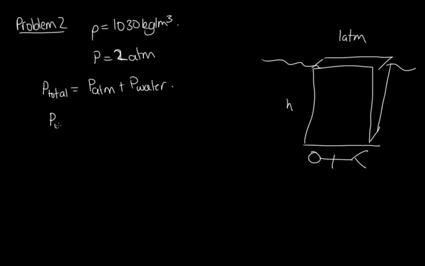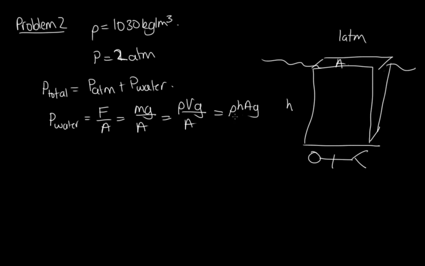The pressure due to the water is the force over the area from the water, which is the weight of the water over the area, which is the density times the volume times g over the area, and the volume is just h times this surface area. So this is equal to rho h A g on A, which is just rho h g.